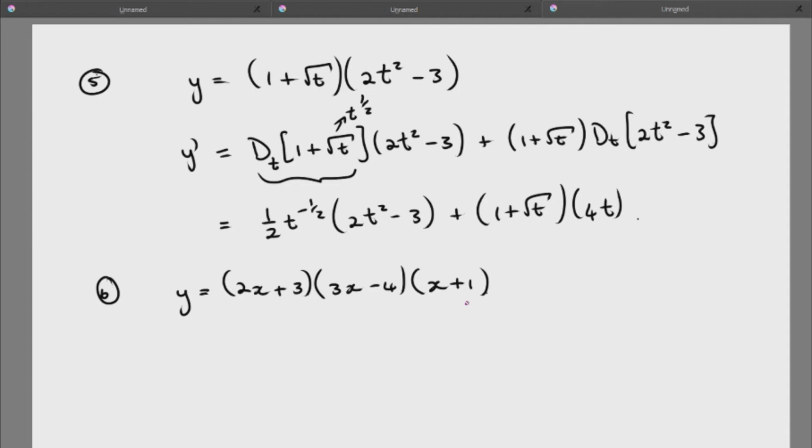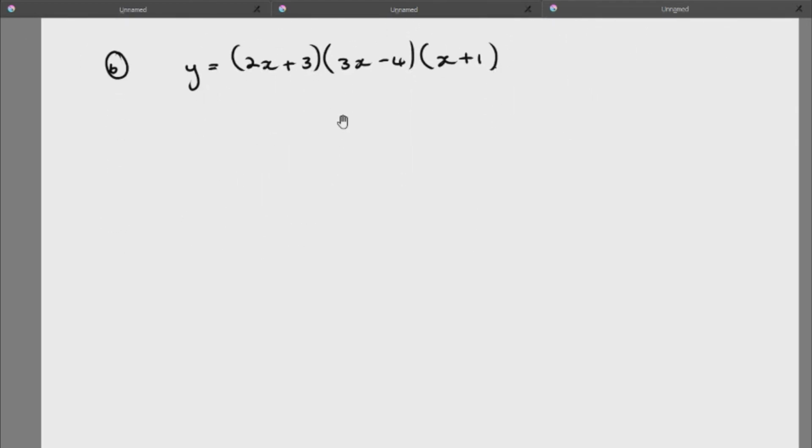Do I have options? Yes, I have options. I could FOIL all that out. But with that, maybe that has a little bit of a risk as well, where I could make a little mistake. Let's suppose we want to use the product rule on this.